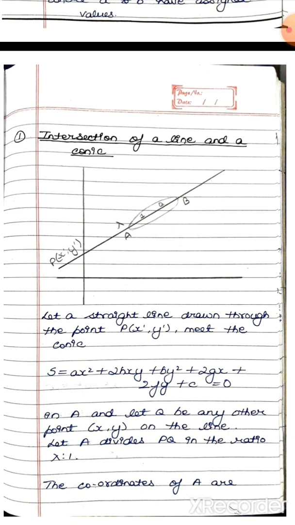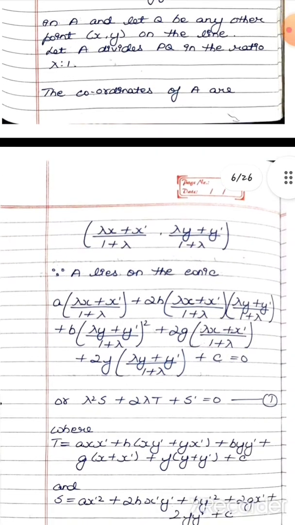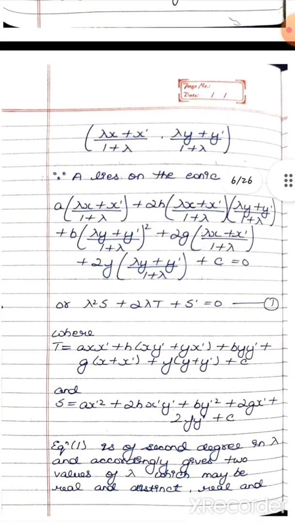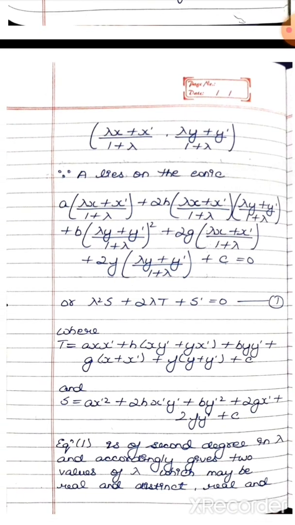Let A divide PQ in the ratio λ : 1. The coordinates of A will be (λx' + x)/(1 + λ) and (λy' + y)/(1 + λ).